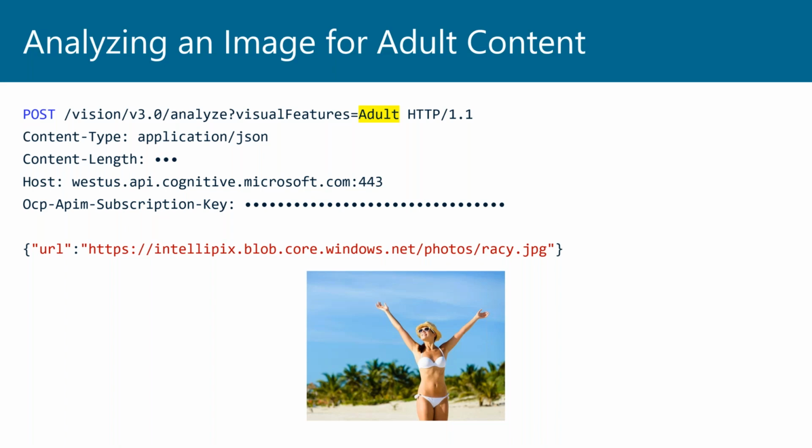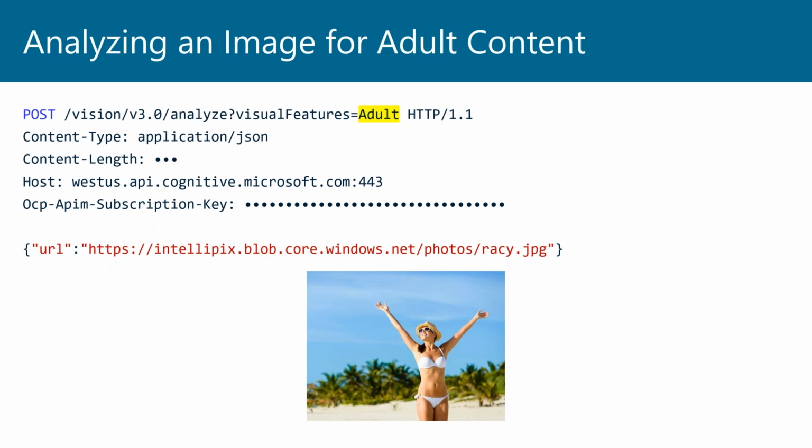Here's an example of the call that goes out on the wire, independent of language. If you wanted to take an image like this one and score it for potentially inappropriate content, notice I'm doing an HTTP post to a particular URL up there.